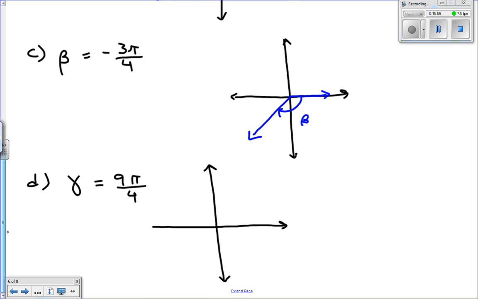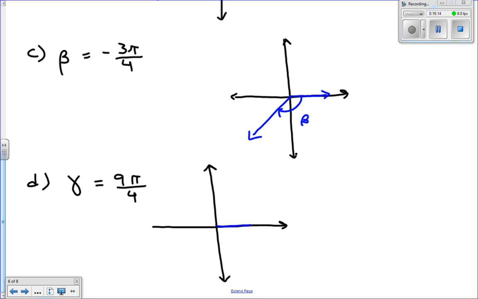And our final example here is gamma is 9/4 pi. So if you think about 9/4, that is 2 1/4. So 2 pi is a full rotation, plus we're going one more quarter.